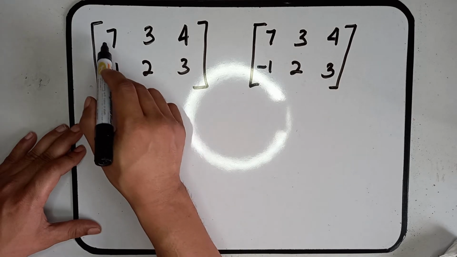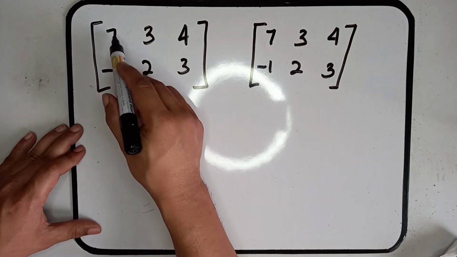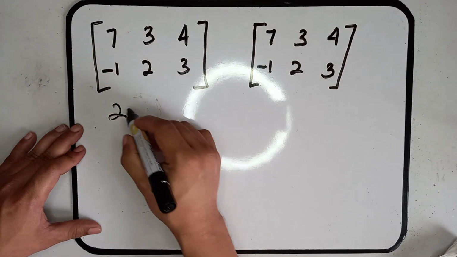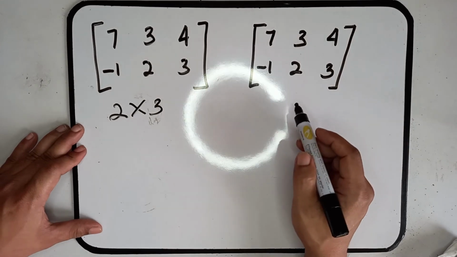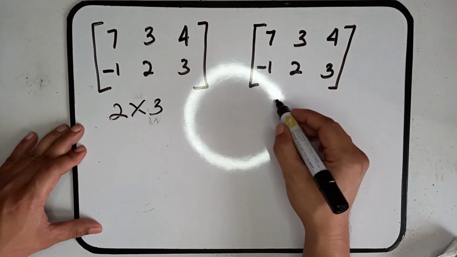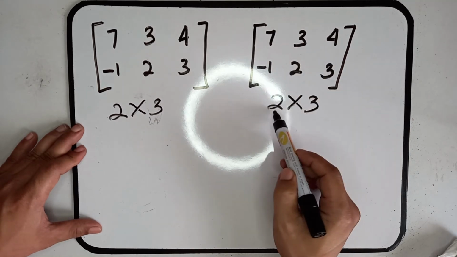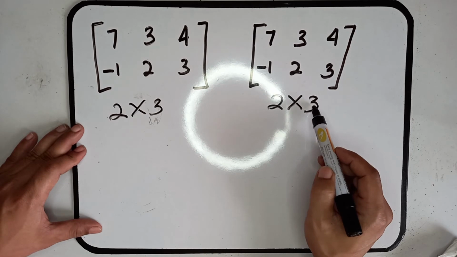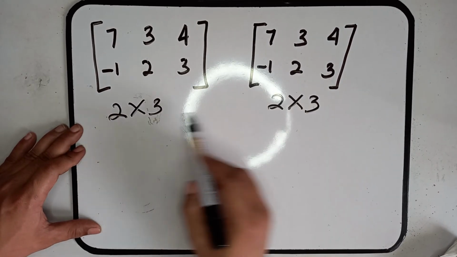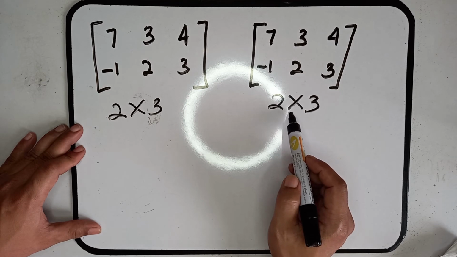We have 2. How many columns? 1, 2, 3. So we have 2 by 3. On this side, we also have 2 by 3. 2 rows, 3 columns. So they are equal in terms of the order of the matrix.